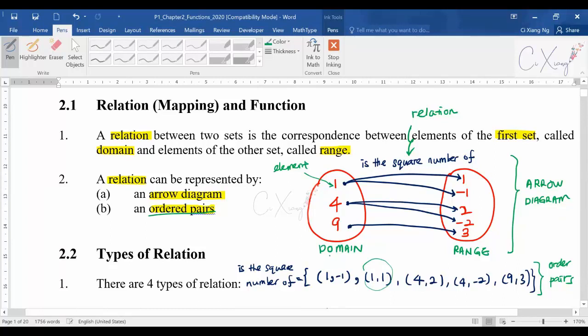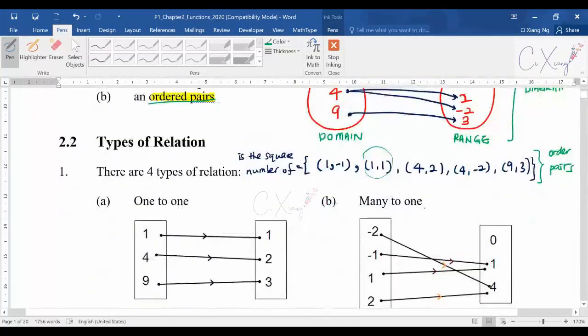It is quite misleading, the way we write it in ordered pairs, so we seldom use this. We prefer to use the arrow diagram to represent the relation or the function. So in general, there are 4 types of relation.